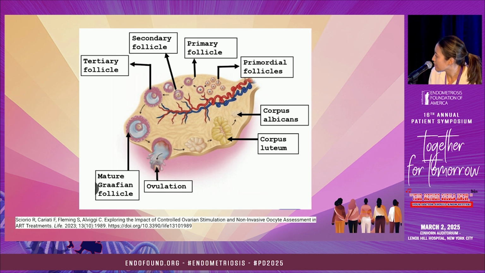The site of ovulation then regresses and becomes something called the corpus luteum, which is very important. This is also a hormonally active structure. Unfortunately, if it doesn't see fertilization and implantation, it becomes the corpus albicans, which is very challenging to see, but you can see it on pathology reports.